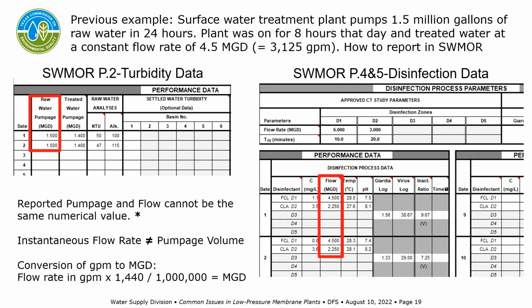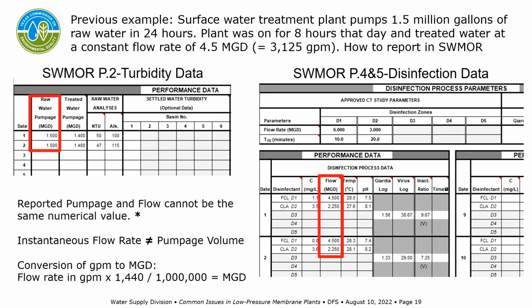Keep in mind that in the SWMR, the units over here, even though this says MGD, you're really reporting a volume of million gallons in that 24-hour period.